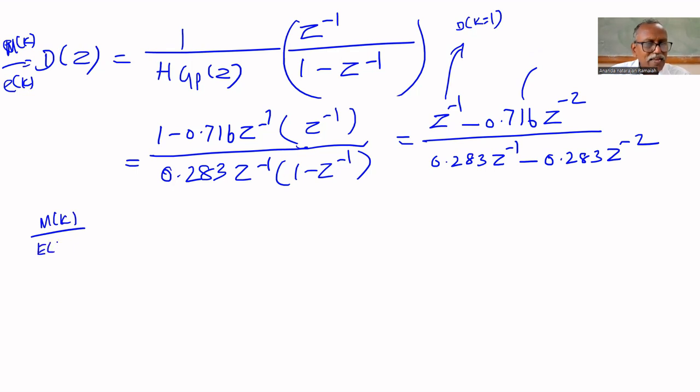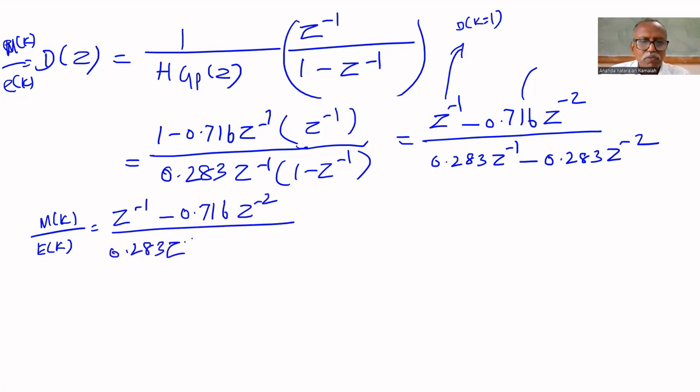Suppose you are giving error as input to the controller. Controller output is M of K. That is Z power minus 1 minus 0.716 Z power minus 2 upon 0.283 Z power minus 1 minus 0.283 Z power minus 2. If you cross multiply, you will get M of K minus 1. We can take this 0.283 outside.